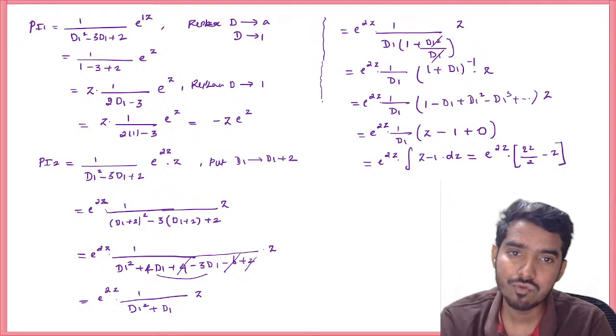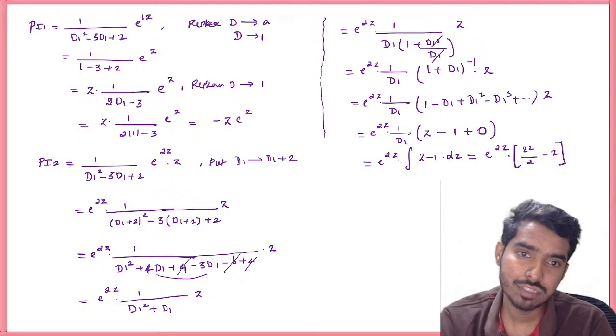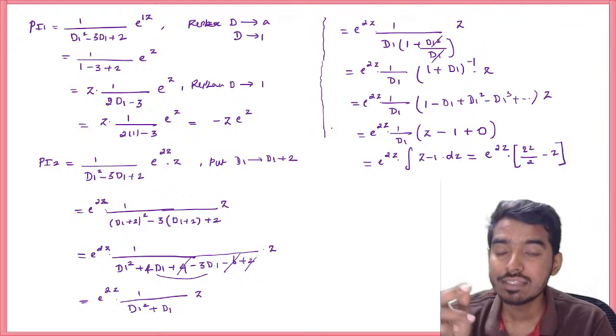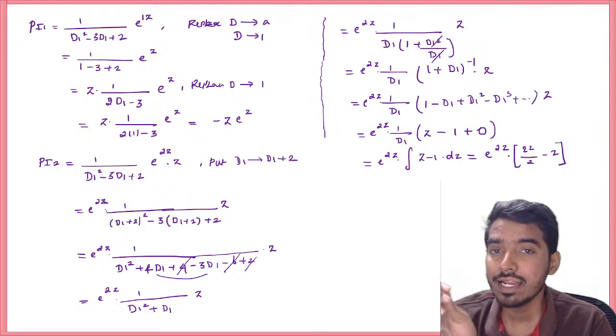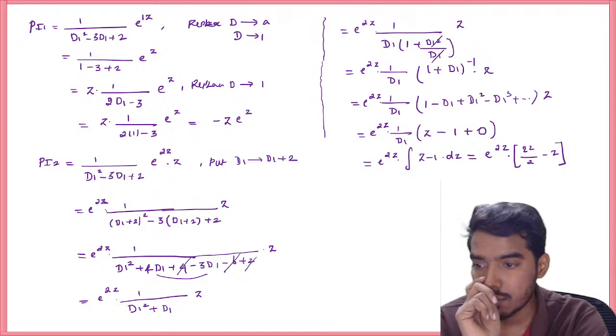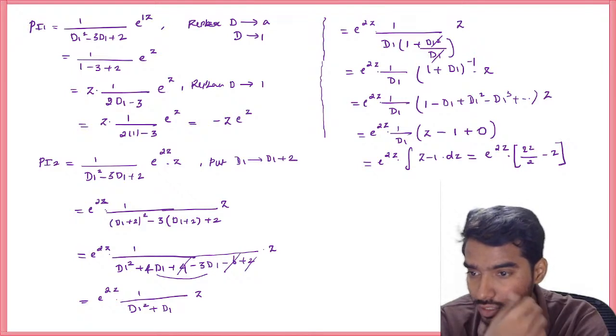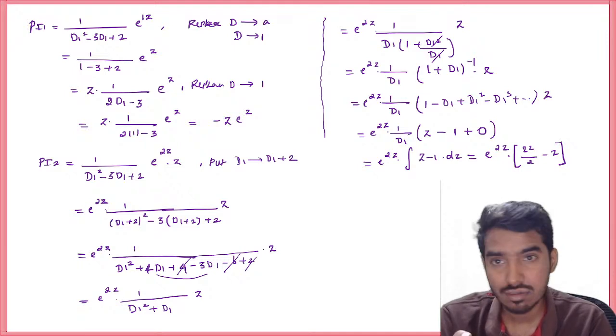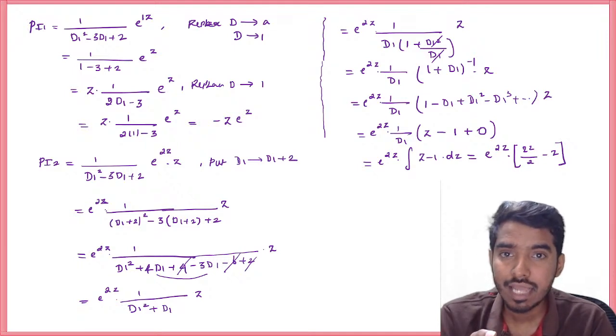See, this is type 4, right? If you have watched all the previous videos, you have classified the second and higher order linear differential equation with constant coefficients. There we have classified into type 1, type 2, type 3, type 4, type 5 and type 6, right? This comes under type 4. Type 1 is RHS is e power ax.